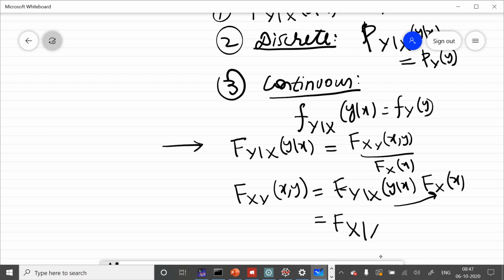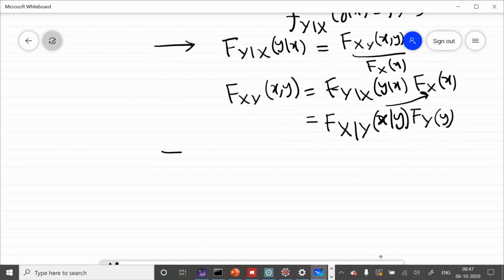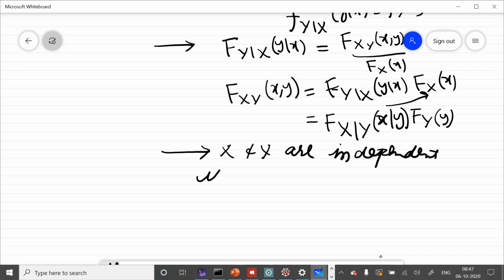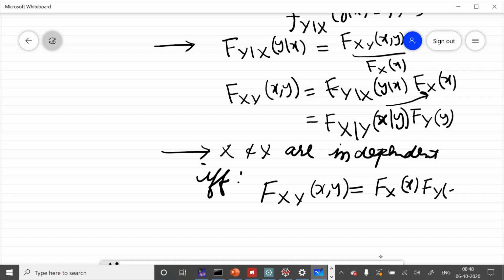If you are conditioning with respect to y, it will be multiplied with the marginal of y. And now you see another notion of independence is that X and Y are independent, in fact if and only if F_XY is simply the product of marginals.